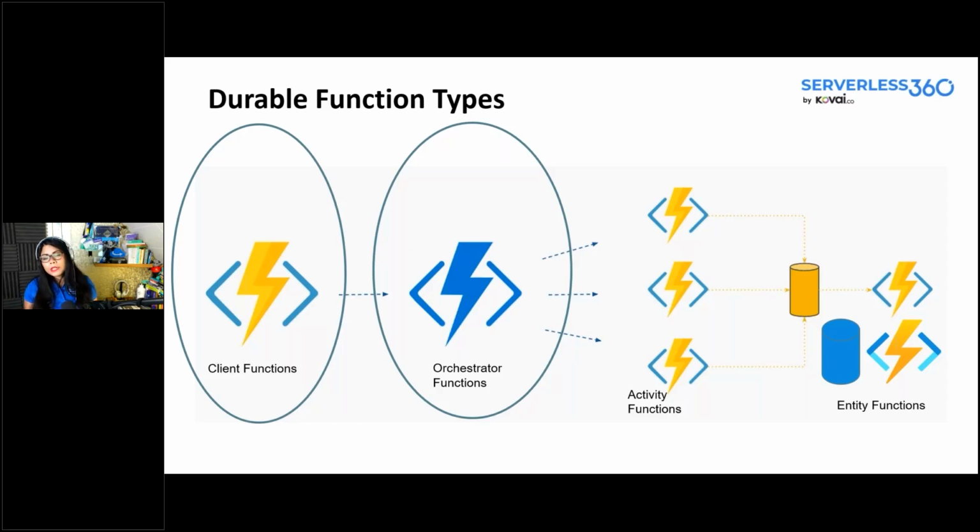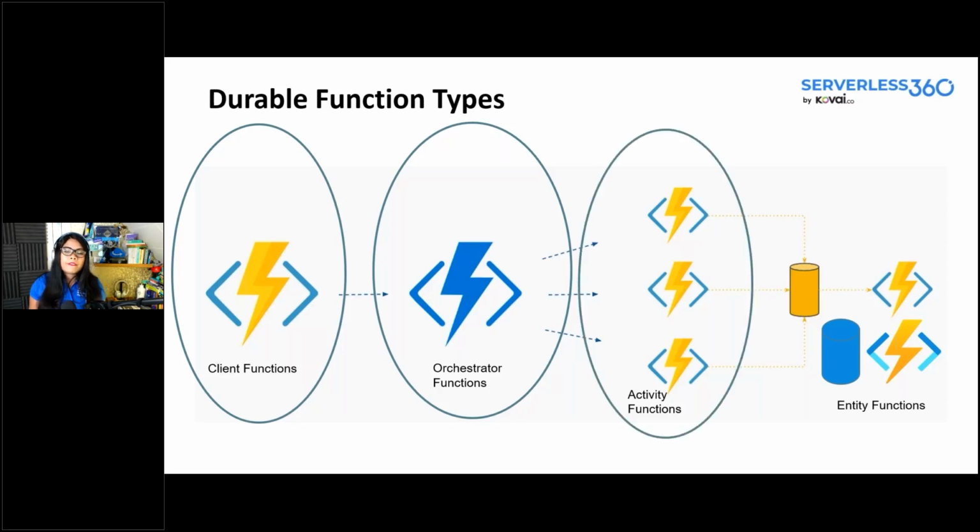In orchestrator functions, this is where you write your workflow, depending on the pattern that you're trying to solve in your business scenarios or use case. This is where you write your logic, and this is also where you call your activity functions, which are the unit of tasks that you need to perform for the orchestrator.